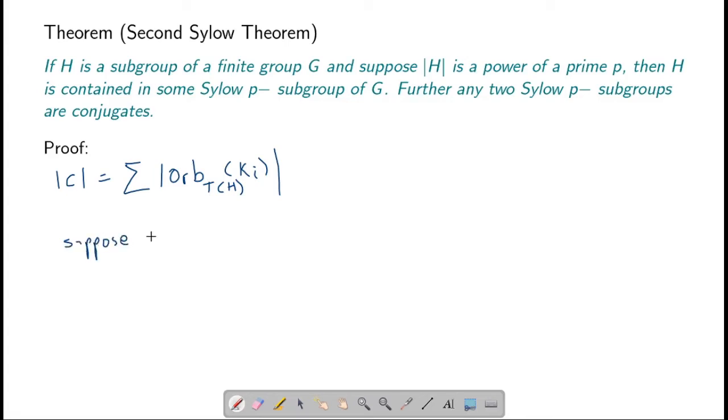suppose the orbit of Ki is not equal to 1 for every i, then it means that p always divides the number of elements in the orbit.